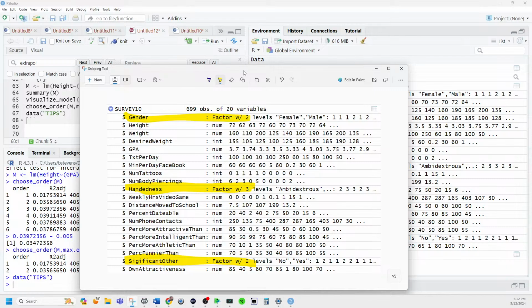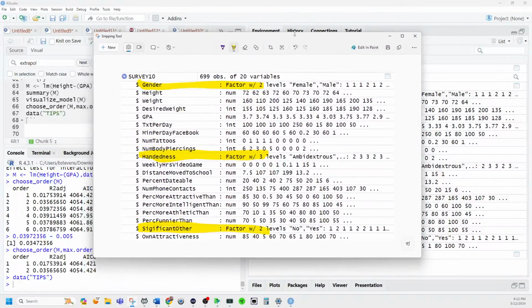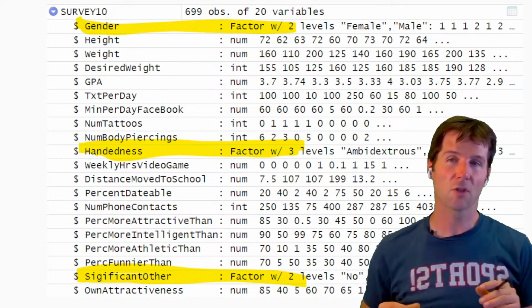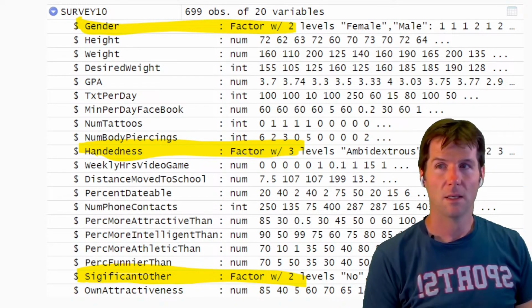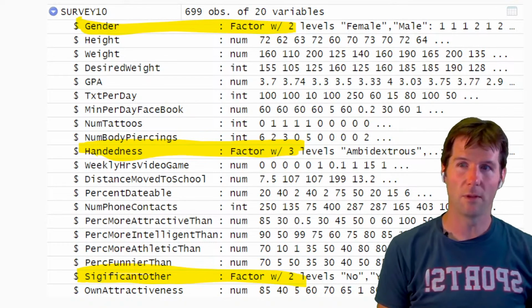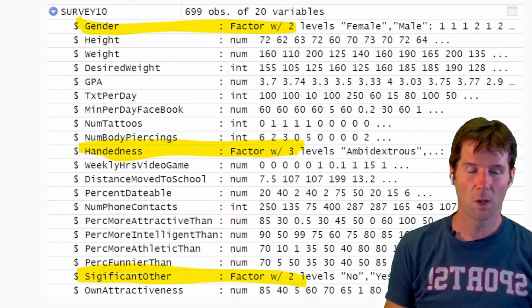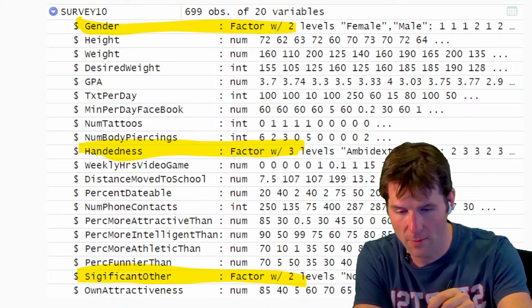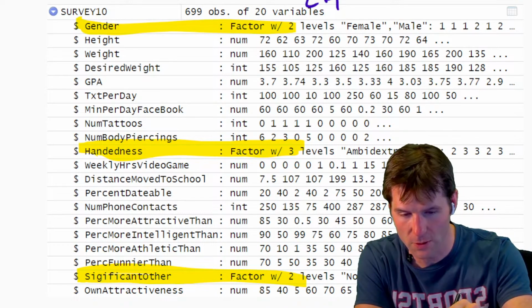So when we make indicators, there's always a what level first? A reference level. So what you have is L-1 levels.